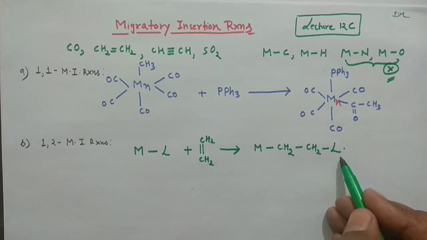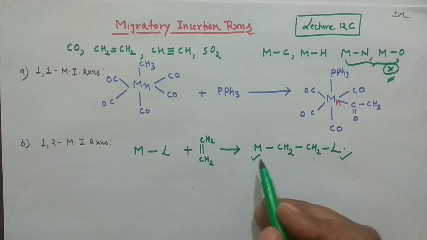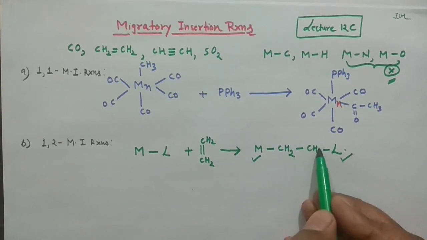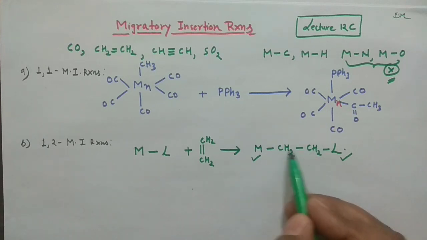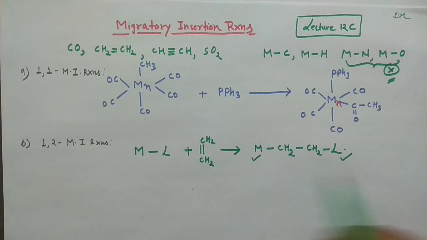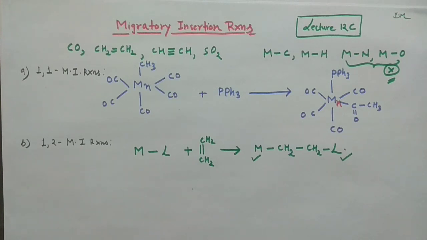So this L is the migrated ligand, and this is the metal, and when the metal and the migrated ligand form a bond with different atoms of the unsaturated ligand, then it is known as a 1,2 migratory insertion reaction.